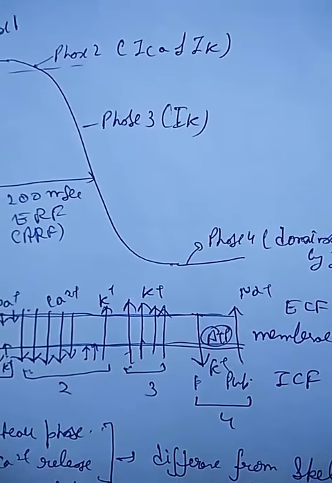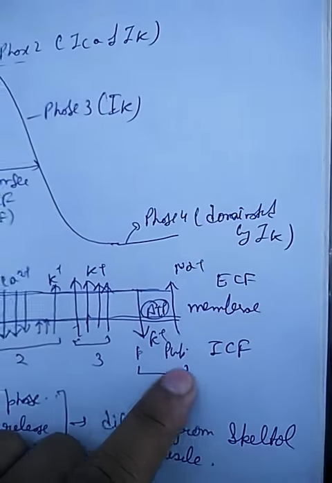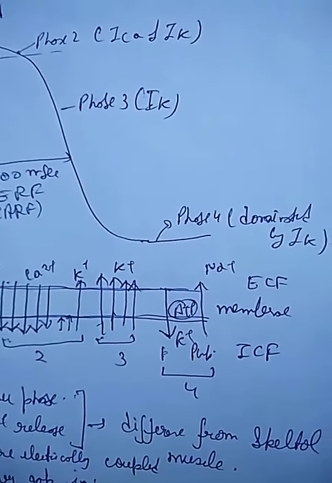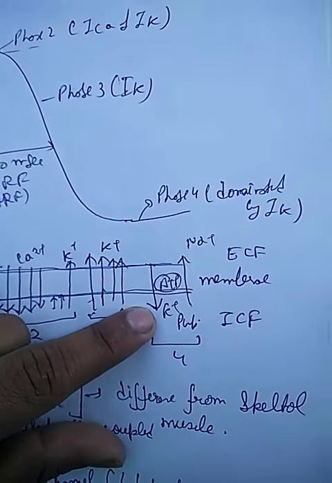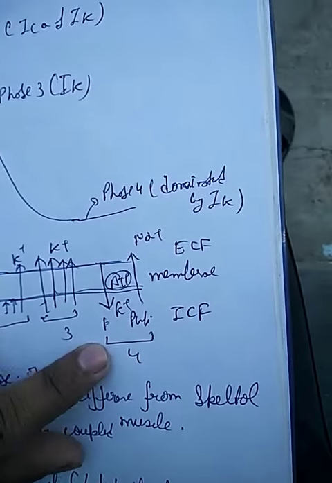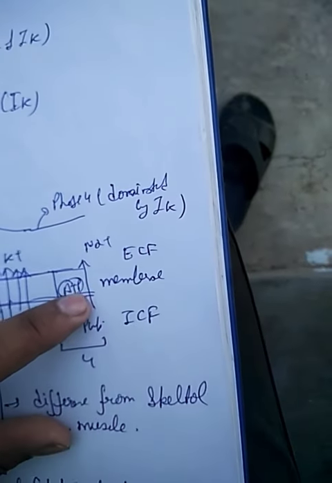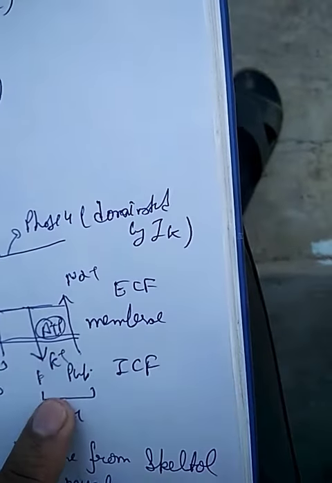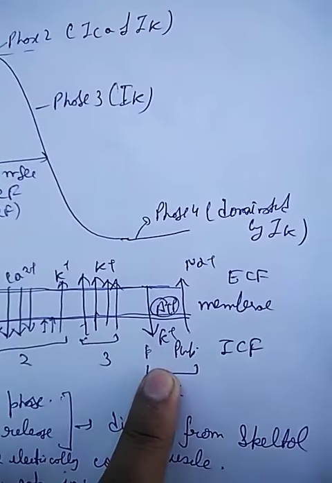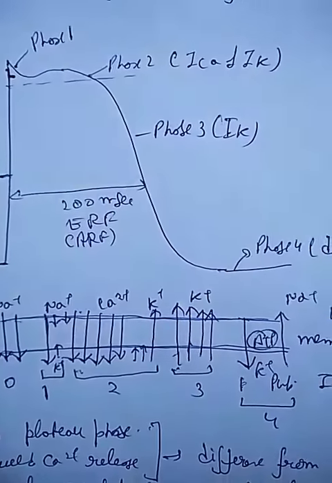There is a sodium potassium ATPase pump. So what happened in that, as we know that the membrane is permeable to potassium, so 2 ions of potassium go inside and 3 ions of sodium go outside and attain the resting membrane potential, that is minus 85 or minus 90 millivolt.